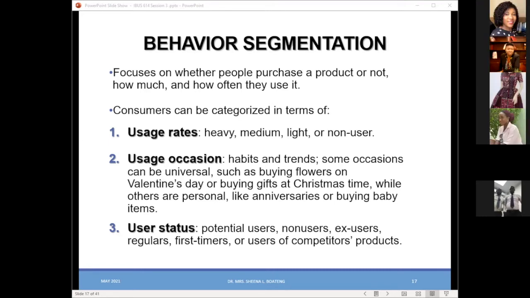All right. Now, apart from usage rates, we can also talk about usage occasion. This looks at the habits and trends in using a particular product or service. It is very common that at certain periods, depending on the season or the time of the year, certain products are in heavy demand, and at other times of the year they are not in that much heavy demand.